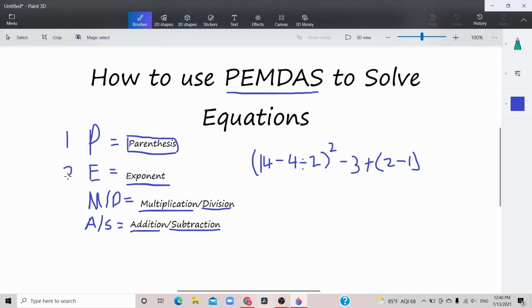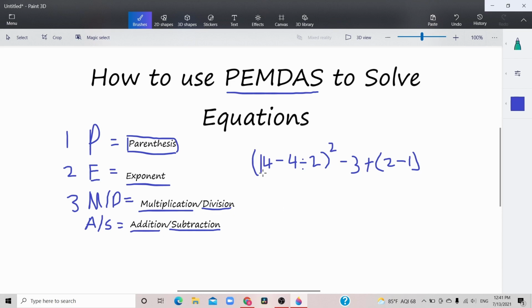We do exponents second, we do multiplication and division third. But you might be wondering, why are they both on the same level? That's because you can do multiplication or division, whichever one comes first on the left to right basis.